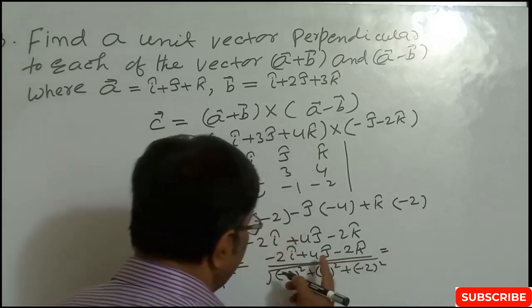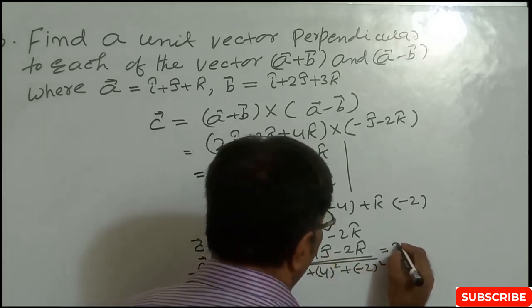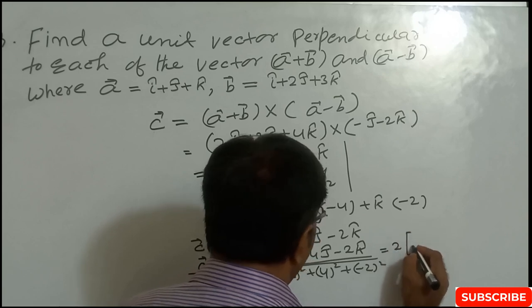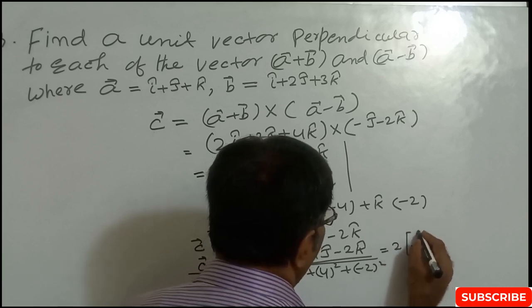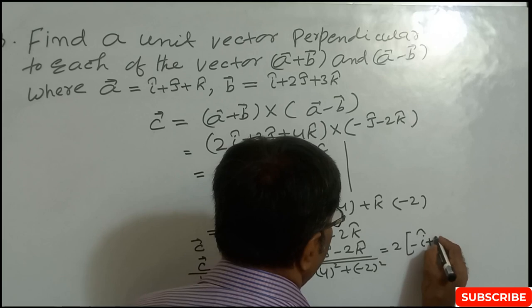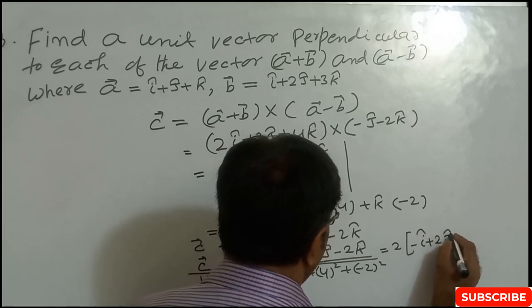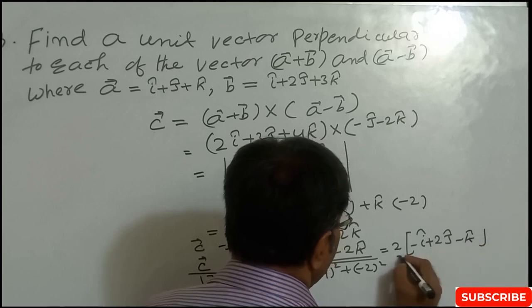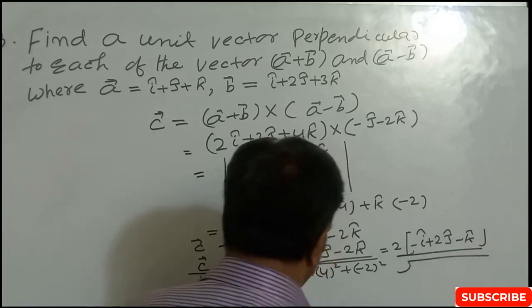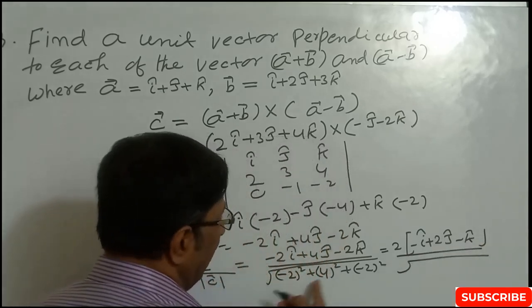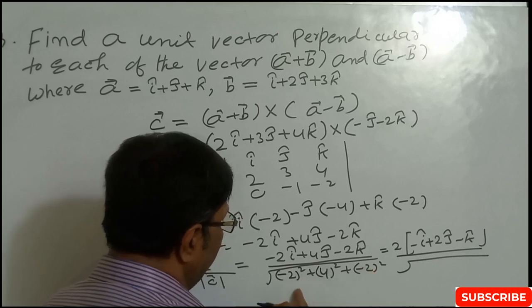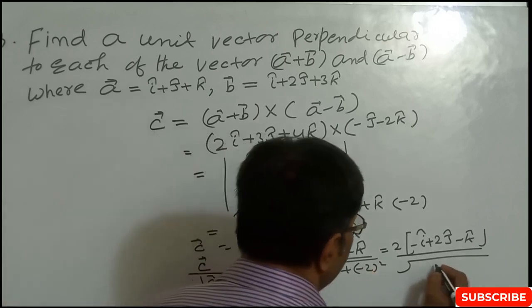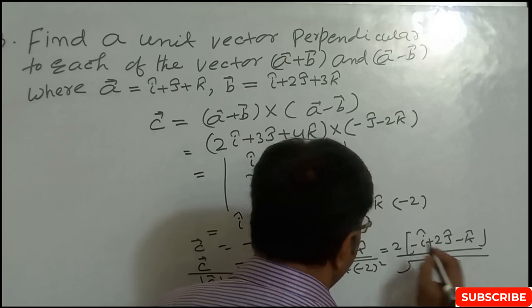This is 2, you can take 2 common. अगर आप 2 common लेते हो तो ये आपको मिलेगा minus unit vector i plus 2 unit vector j minus unit vector k and divided by root under. This is 2 2 are 4. This is also 4. So 4 4 8 and this is 16. So 16 plus 8 that is 24.